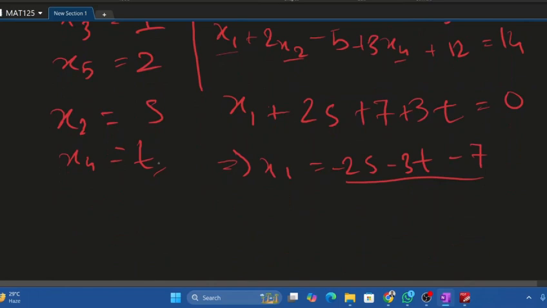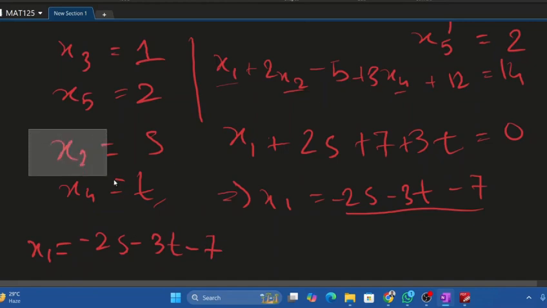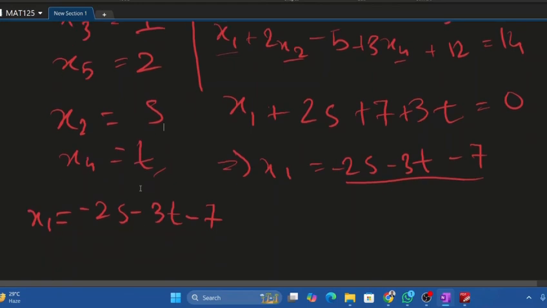So the solution will be like this: x1 will be basically minus 2s minus 3t minus 7. What we did is we don't know the value of these, so we set arbitrary values for x2 and x4, right? This s and t can be anything, any integer or any real number.